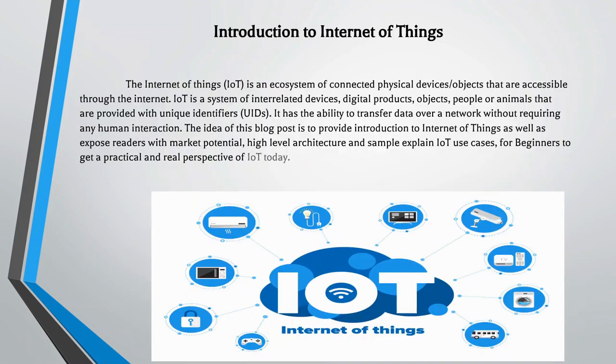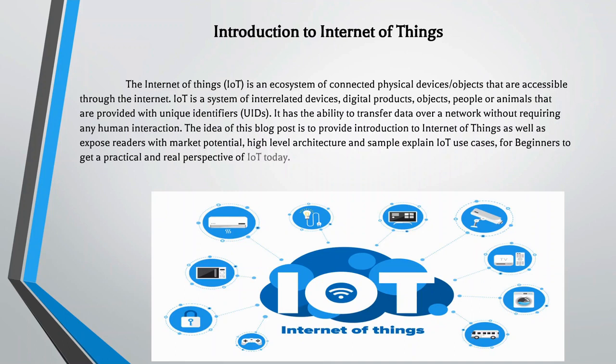Introduction to Internet of Things. Internet of Things is an ecosystem of connected physical devices and objects that are accessible through the internet. IoT is a system of interrelated devices, digital products, objects, people or animals that are provided with unique identifiers.